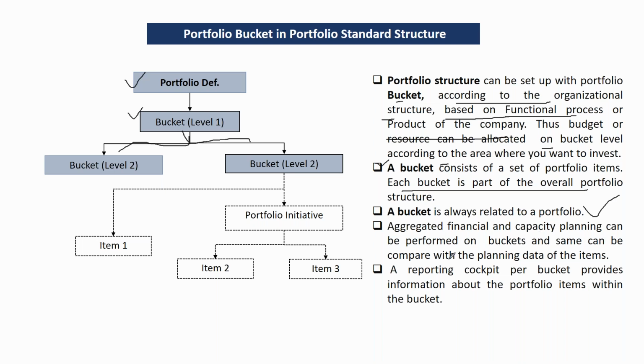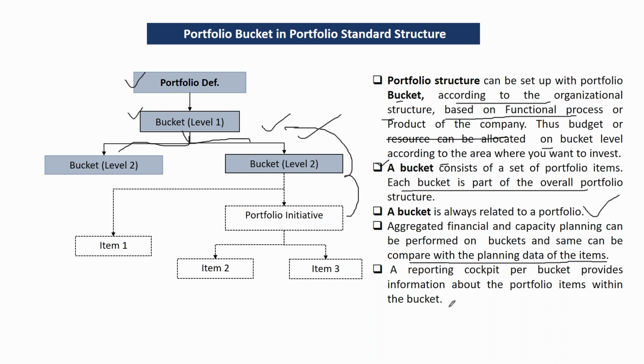Aggregated financial and capacity planning can be performed on a bucket, and the same can be compared with the planning data of the item. So we can do the financial planning and capacity planning at the level of the bucket, and the same will be rolled up to the next level of bucket. A reporting cockpit per bucket provides information about the portfolio items within the portfolio bucket.